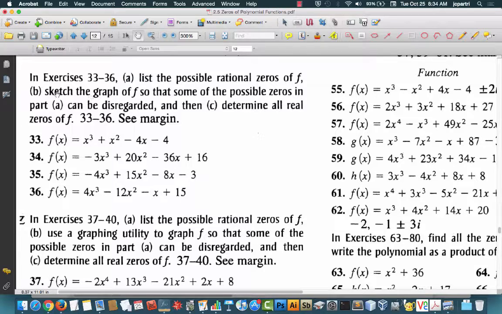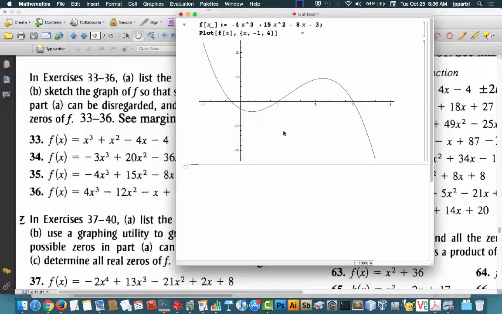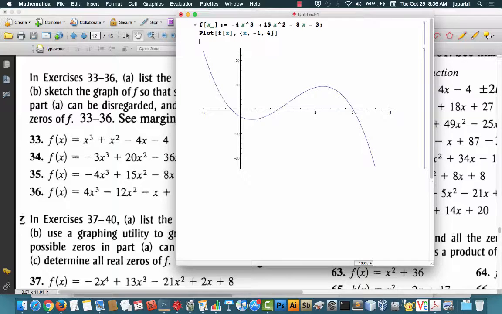Now our job is to sketch the graph of f so that some of the possible zeros in part A can be disregarded. So we graph our function, and it looks like our function passes through 1, and perhaps it passes through 3. So let's try and calculate f of 1. Yes, I get 0 right here.